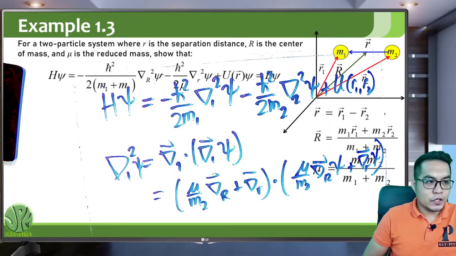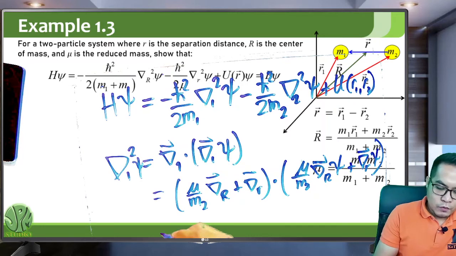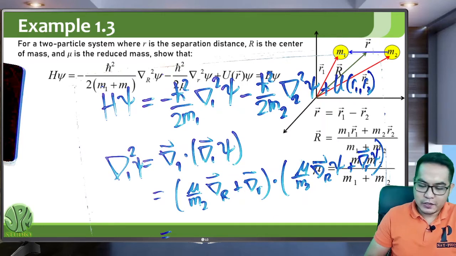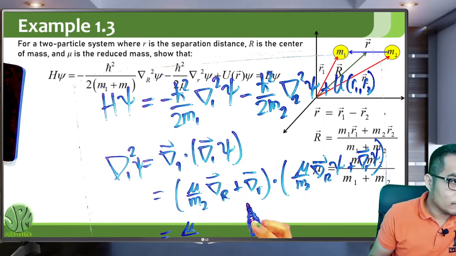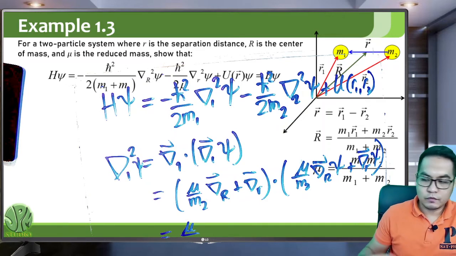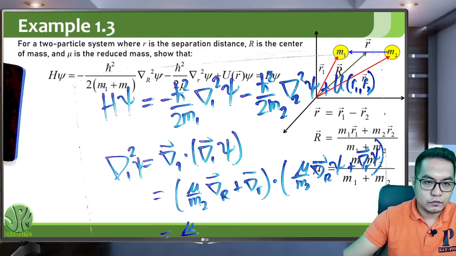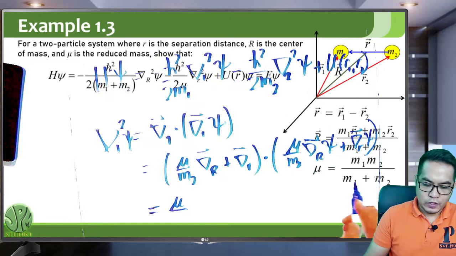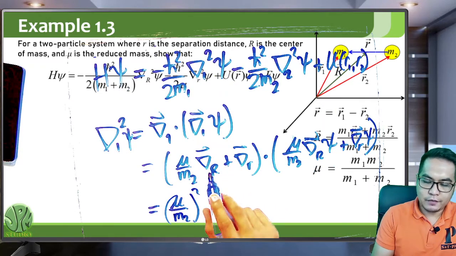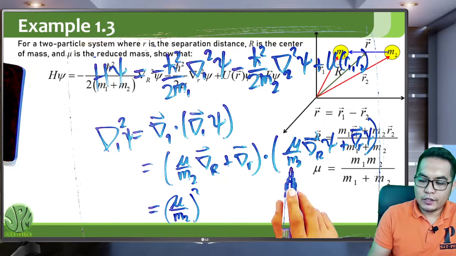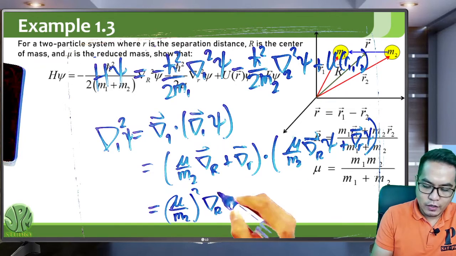Okay, so we will actually have three terms. So the first term will be mu over m2 squared, and then del of R, that del of R is just del R squared, acting on psi.